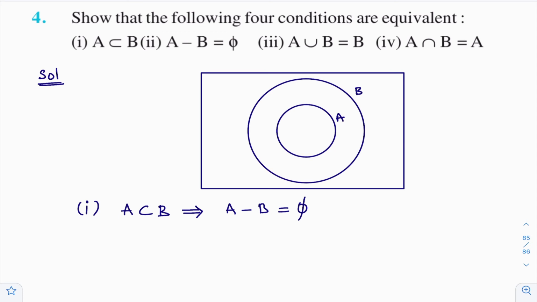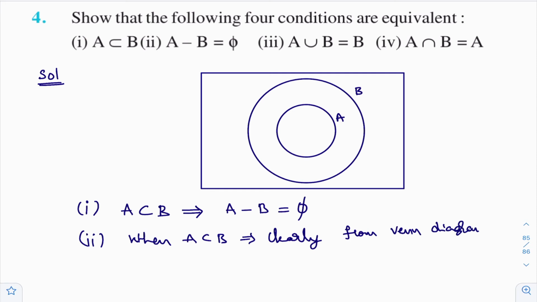I'll write the second point here. When A is a subset of B, this implies, clearly from the Venn diagram, that A union B is B. This is very simple, right?